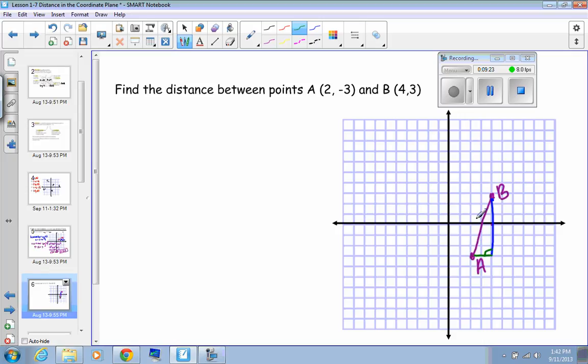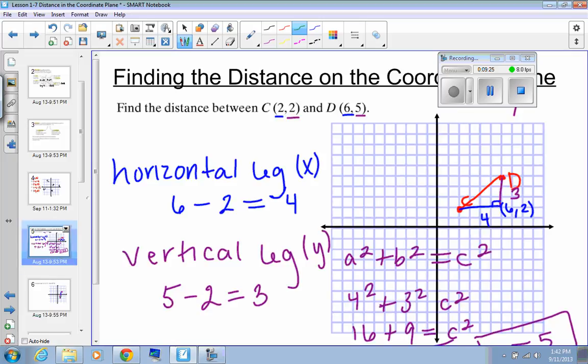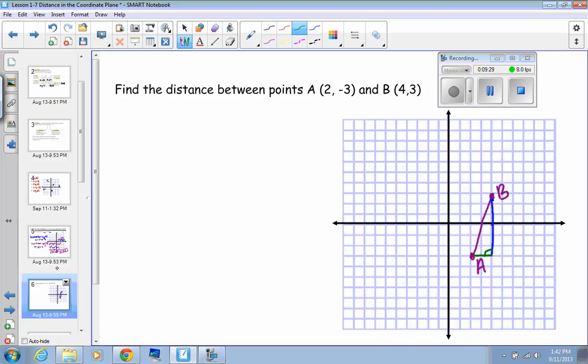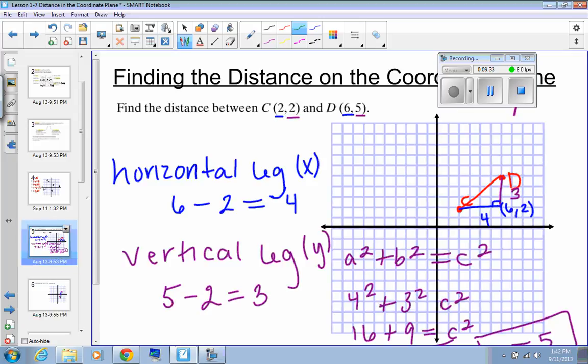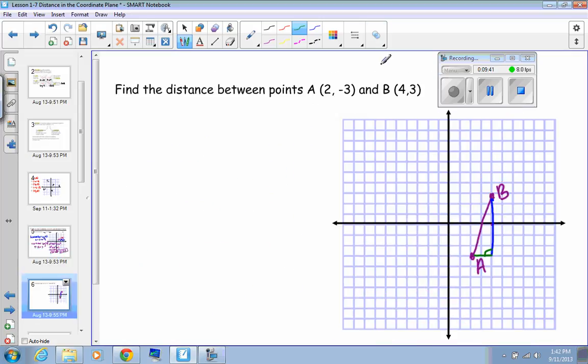So now, like we said on this side, our horizontal is our x values, our vertical is our y values. So we want to subtract our x values first, like we did here, 6 minus 2. So I'm going to take 4 minus 2, and we get 2.